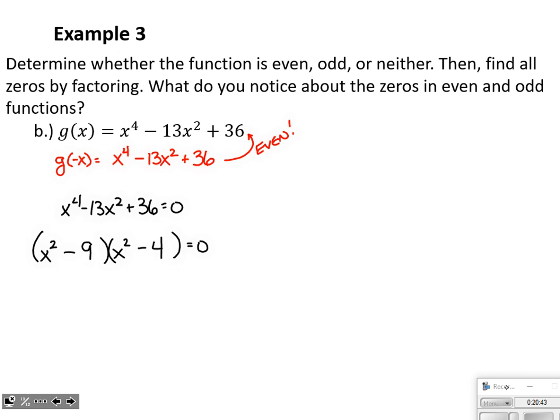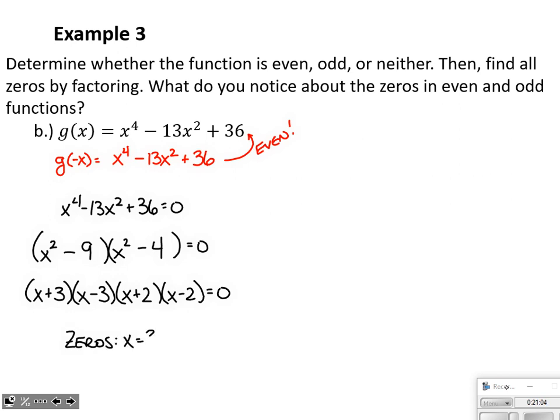Furthermore, each one of these factors, x squared minus 9 and x squared minus 4, is a difference of perfect squares itself. So I find that my zeros are x equals 3, negative 3, 2, and negative 2. All right, that's interesting.